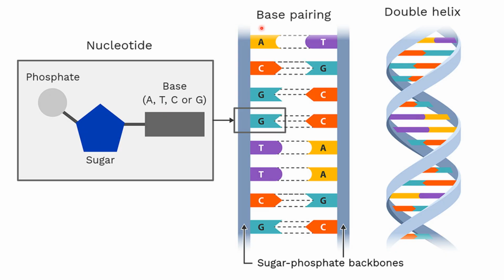My sugar over here will join to a phosphate ion of the next nucleotide via a sugar phosphate bond, and that's why it says over here sugar phosphate backbones. The nitrogenous base can be either adenine, thymine, cytosine, and guanine.